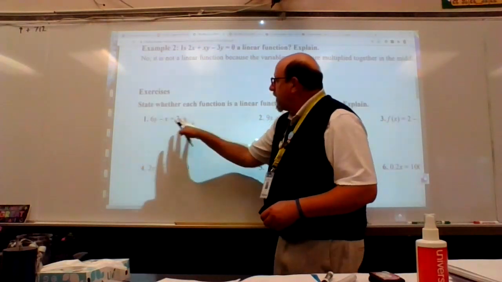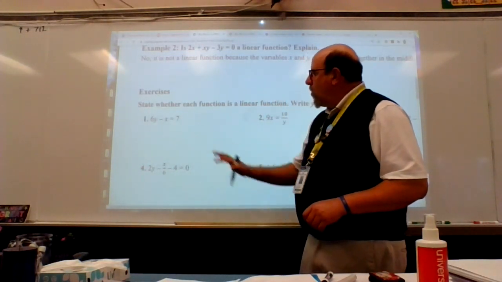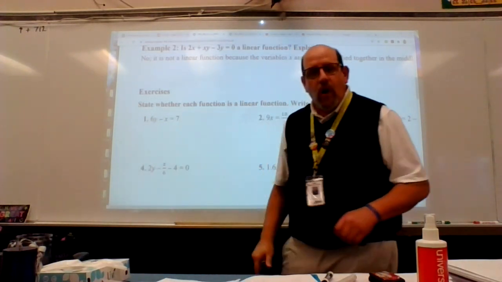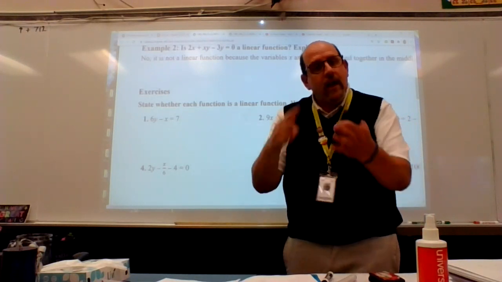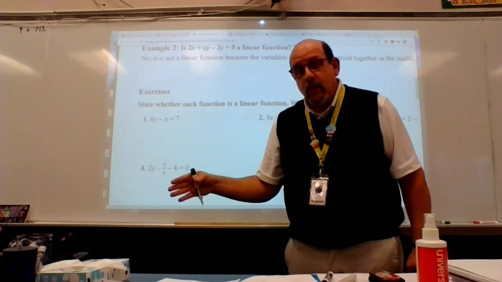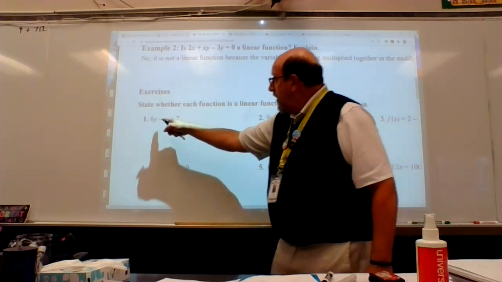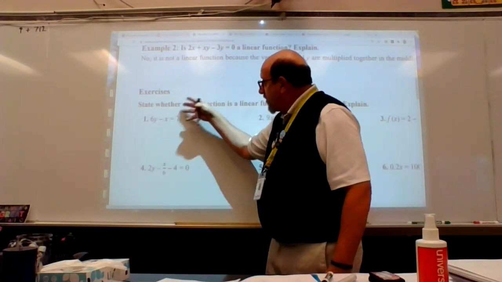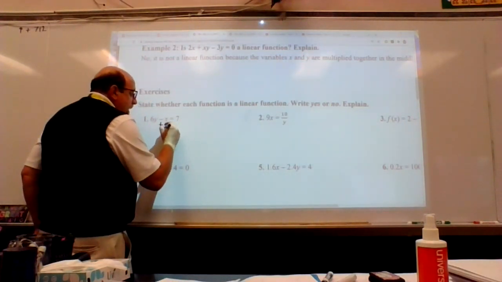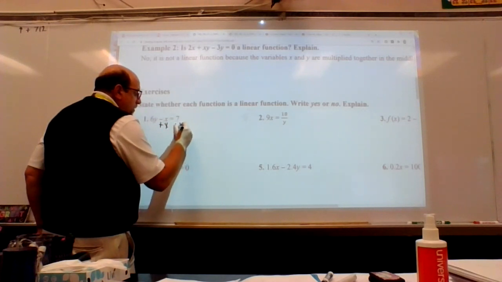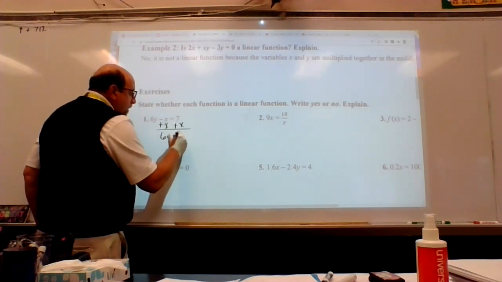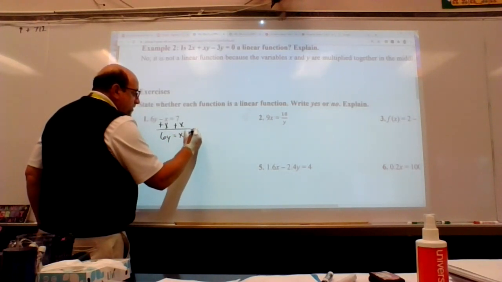If we have something that looks like this, we know for a fact, is x being multiplied by y in this? No. Can I rewrite this and solve for y so that I see I have an x and something extraneous over here? You bet. We add x to both sides. And now we have 6y equals x plus 7.